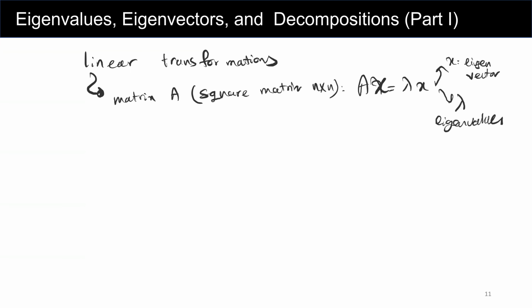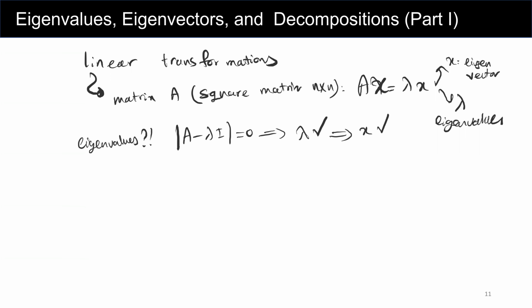Then we said how we can find eigenvalues. How can we find them? Determinant of A minus lambda I is equal to 0. This gives us the lambdas. And based on this, we can find the X or eigenvectors.